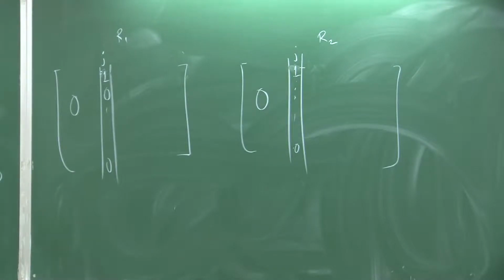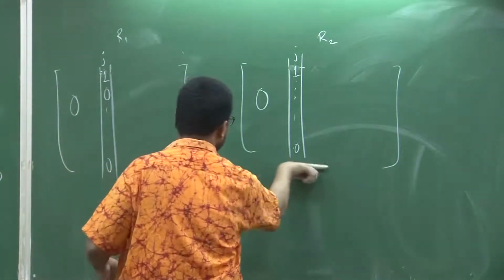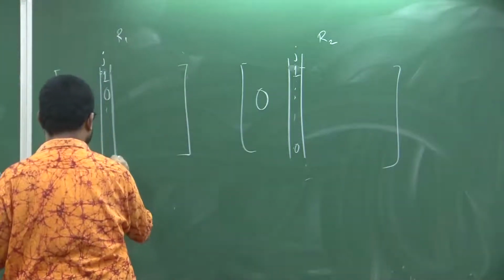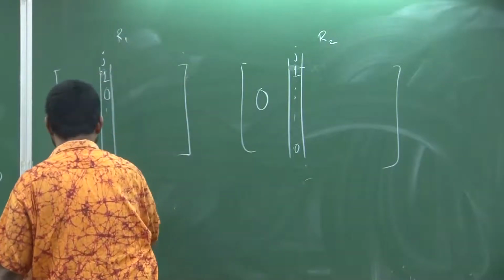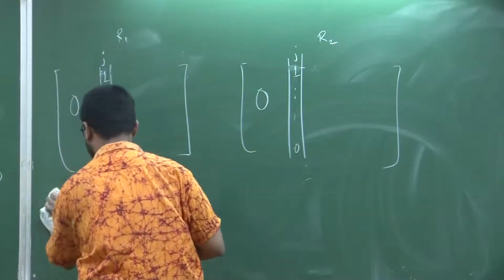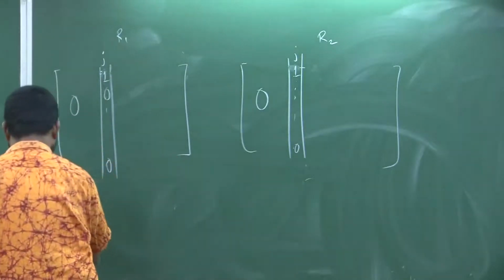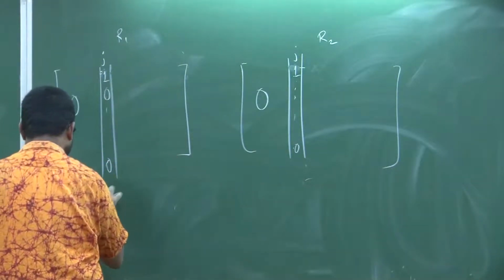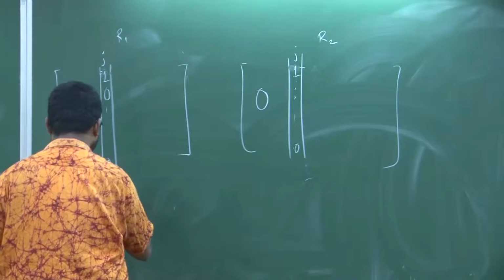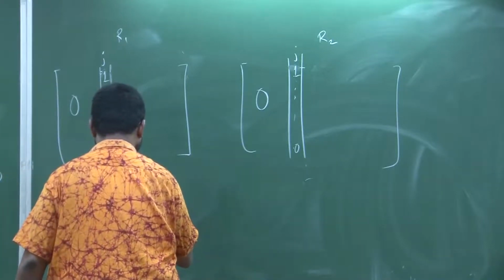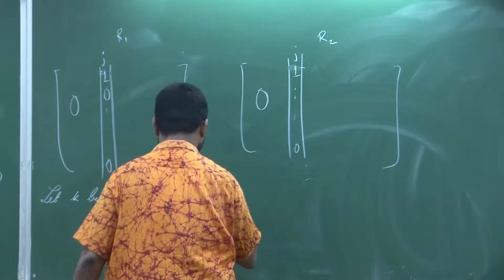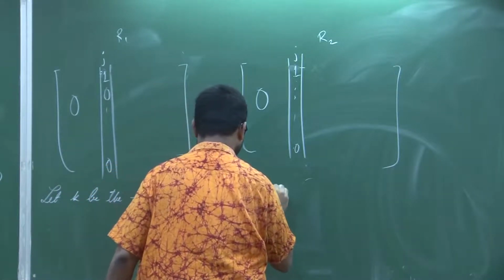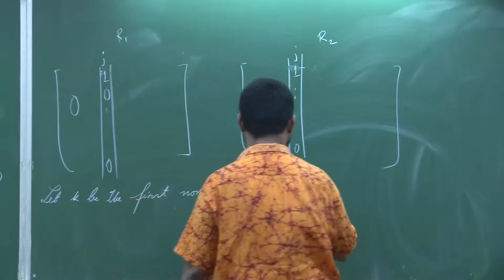Now, what we do is, it's a nice trick. Before that, let us write that let k be the first non-zero column where they differ.